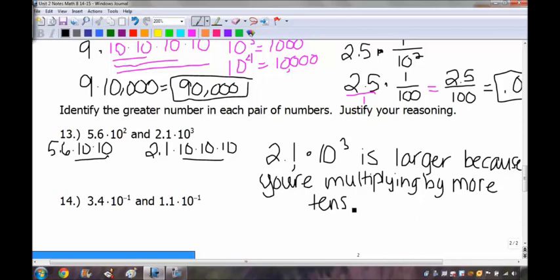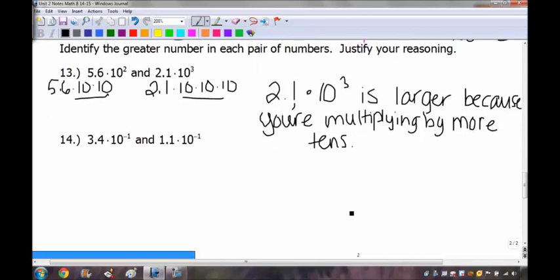Okay, so now let's look at question number 14. Number 14 says 3.4 times 10 to the negative first power, which means you're going to multiply by 1/10, right? Because you got to do the reciprocal, 1 over 10 to the first power. And then this number right here is 1.1 times 1 over 10 to the first power, okay?